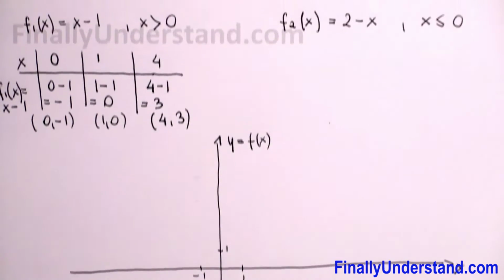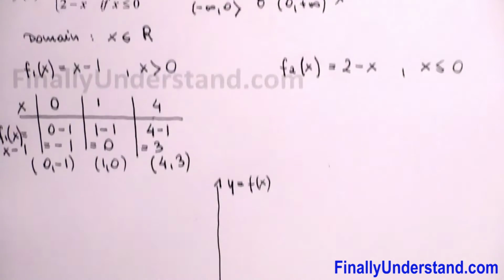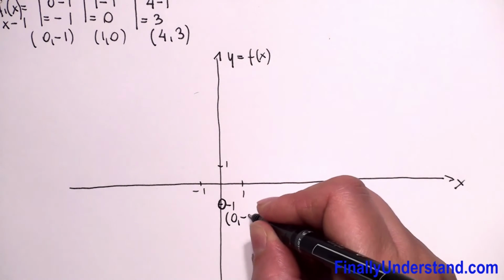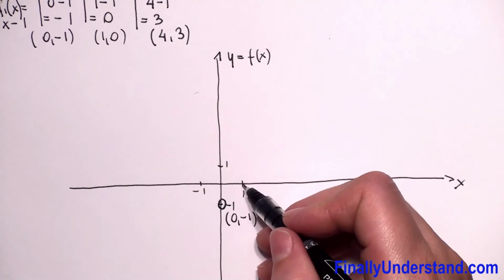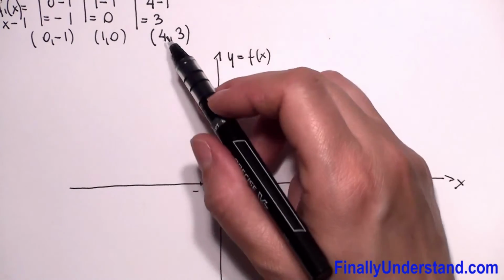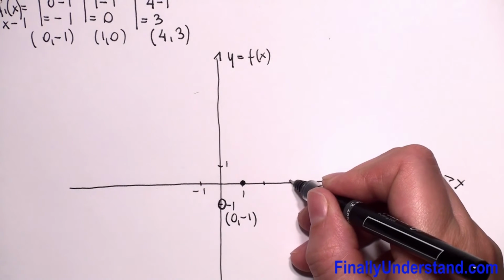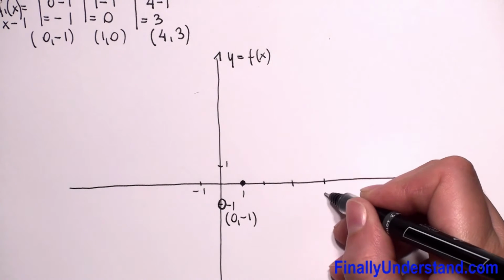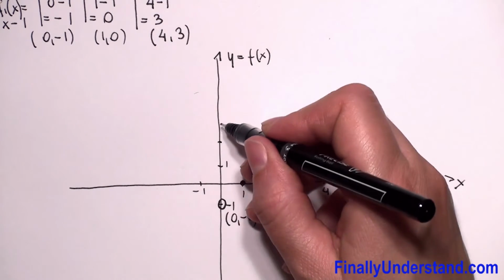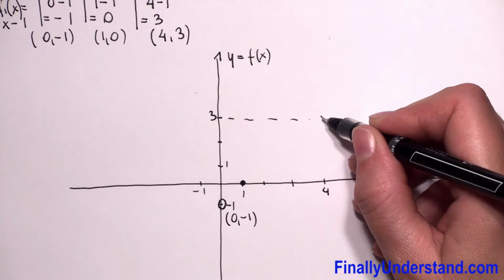And we have to remember that 0 is not included, so I will draw a circle at this point. The second point is 1, 0. Next we have 4, 3. Let me connect this.